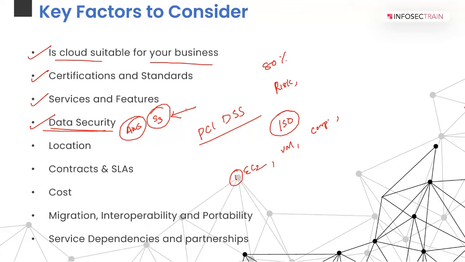Maybe Azure is also providing, Google is also providing, but see which cloud service provides the most value for our requirement. That's what we call data security. But always understand, whatever goes wrong, the cloud service consumer, or the cloud service customer, is always responsible for the data. So data security is something we have to verify, or how much security we can get, before moving to a cloud service provider.